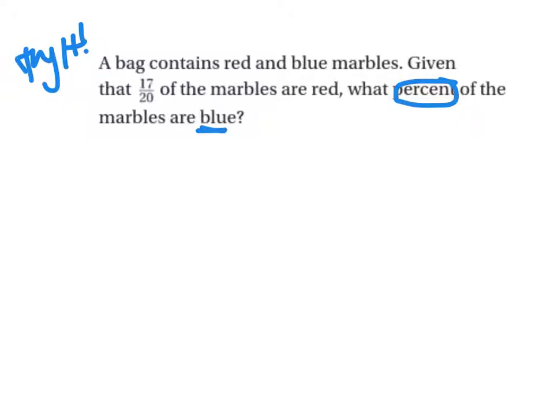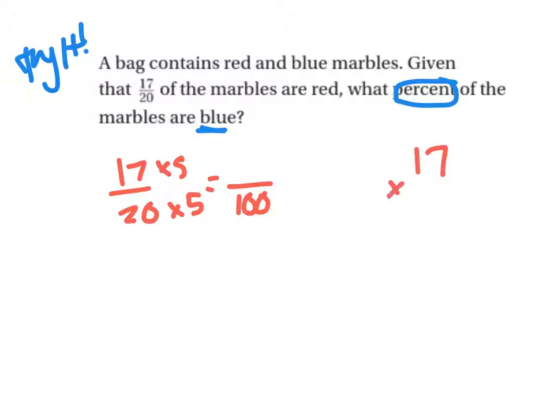But they want to find what percent of the marbles are blue. So there's a couple ways you can do this. I'm going to start with the red marbles. So 17/20ths are red. And I want to find what percent that is. So I'm going to times this by 5. And that gives me 100 on the bottom. 17 times 5 is 85.